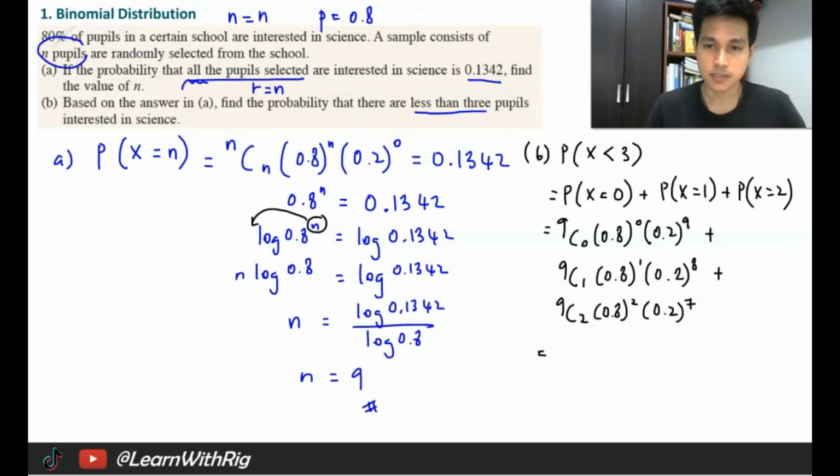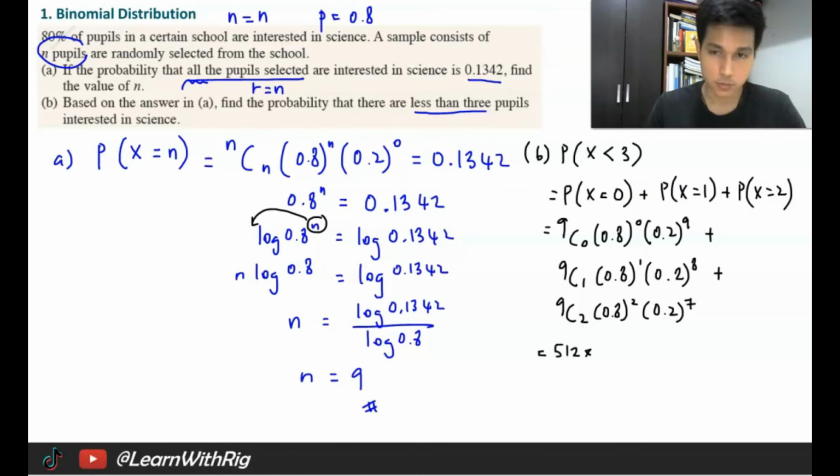So when you key this in your calculator, you will get a very small number as well, but I'm just going to write in standard form. In the end we try not to round up too quickly, so that the final answer will be closer to the actual answer. But if you want to round it up to 0, it also can, because some of the answers here are actually very small. But I'm going to write in standard form because the calculator is giving me standard form.